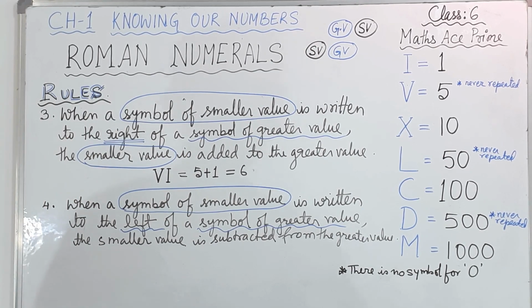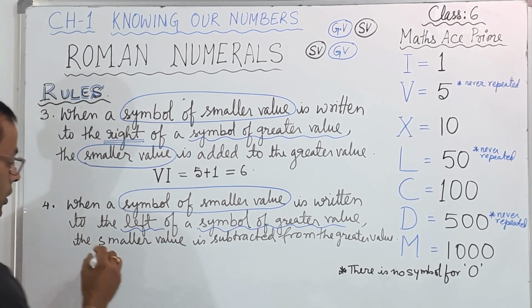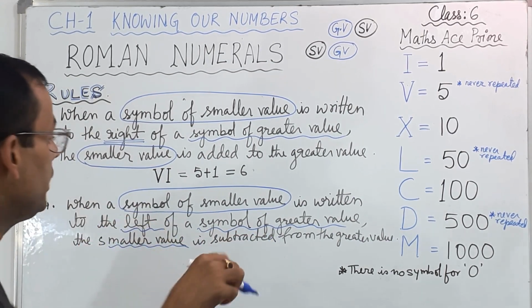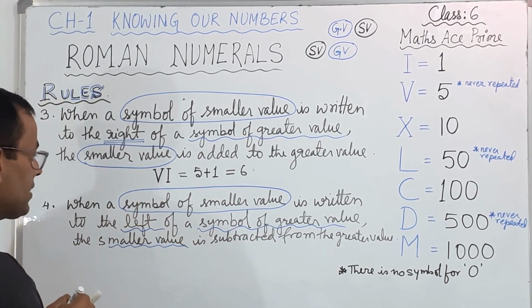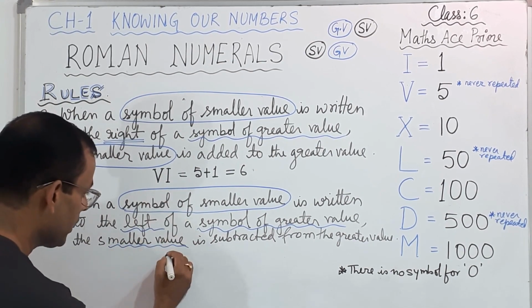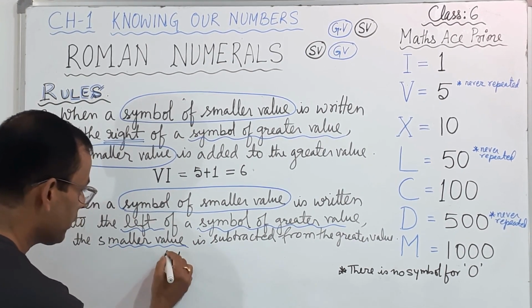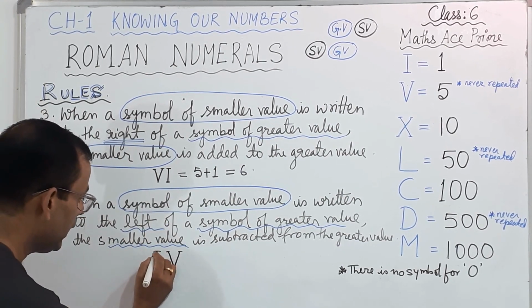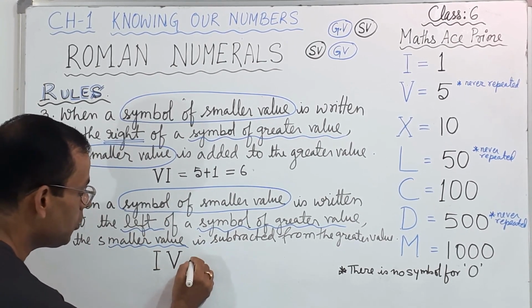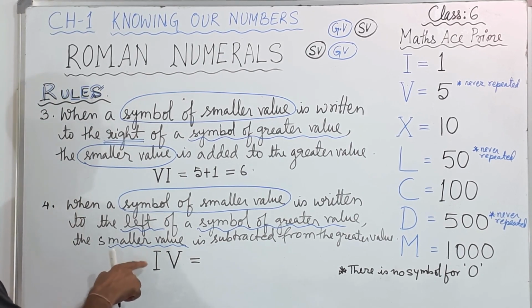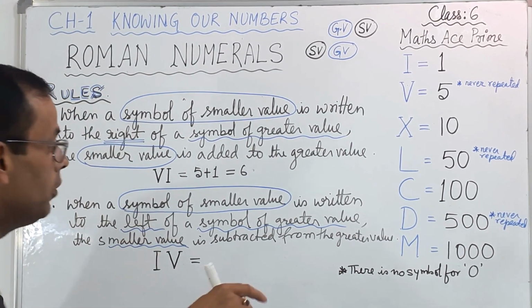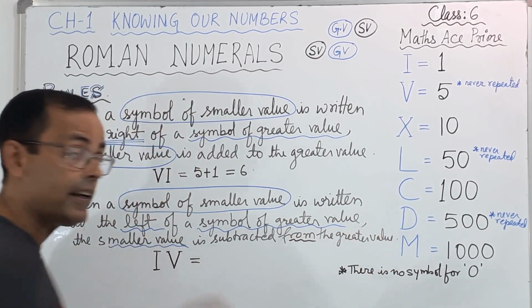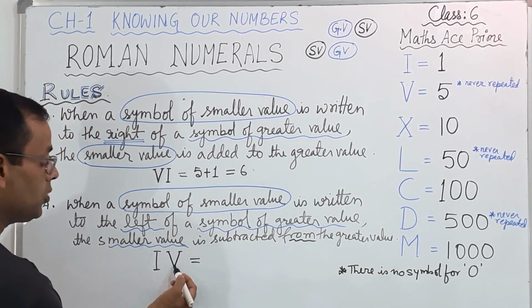This means that the smaller value is subtracted from the greater value. Suppose the same example, a little bit changed: V, that means 5, and I let me write on the left side. So what does this mean? The smaller value is subtracted from the greater value. When we say from, that means the greater value we will write first. Now V means what?